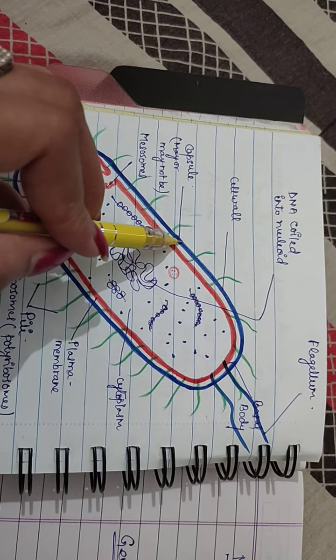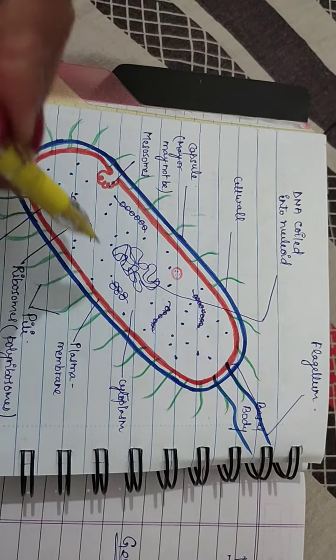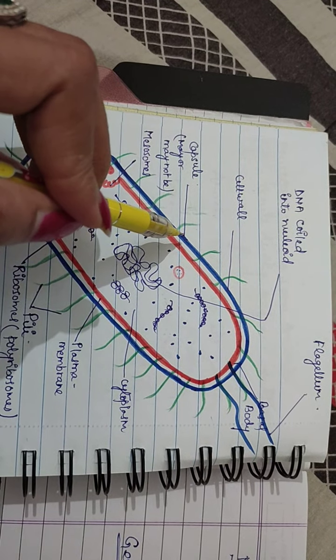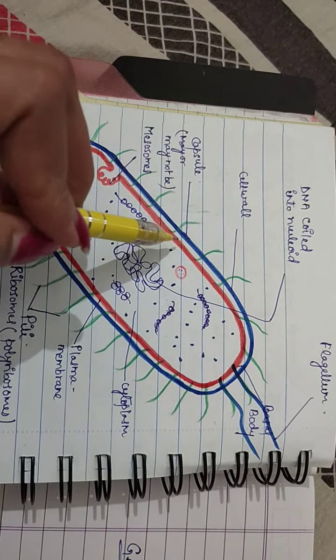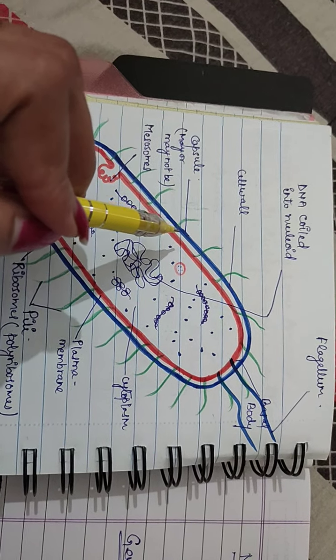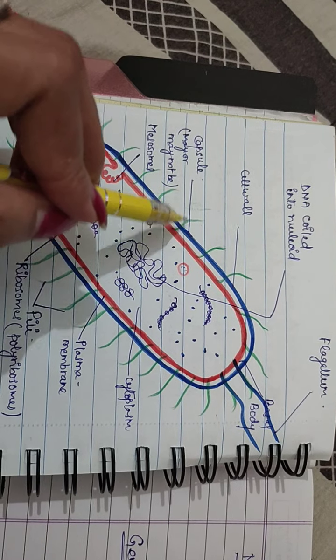And the outermost covering is the cell wall, and there is another membrane, or you can say covering, present, which may or may not be present in all the bacteria, and that is known as capsule.